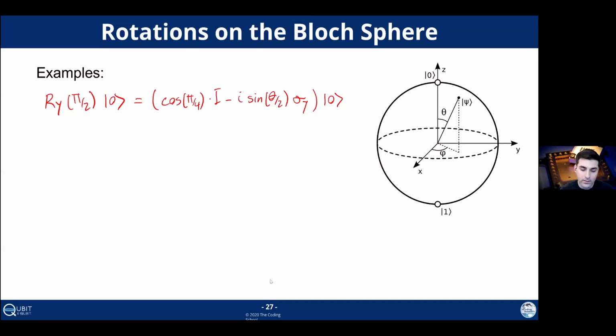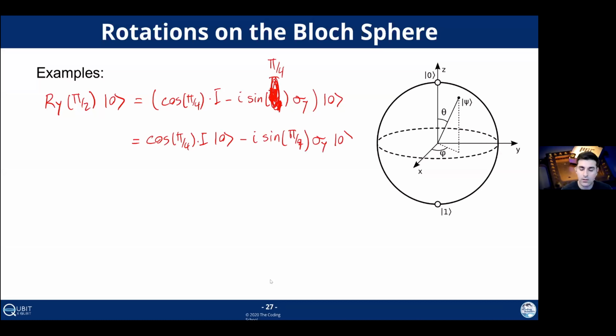Okay, let's end the poll and go through this together. So same deal as last time, we're going to approach it the same way. I'm going to apply each part of this operator separately. So I'm going to have cosine of pi divided by 4 times I acting on the 0 state minus, again, the imaginary number i sine of, and sorry, this theta divided by 2 should be pi divided by 4, sigma y acting on 0.